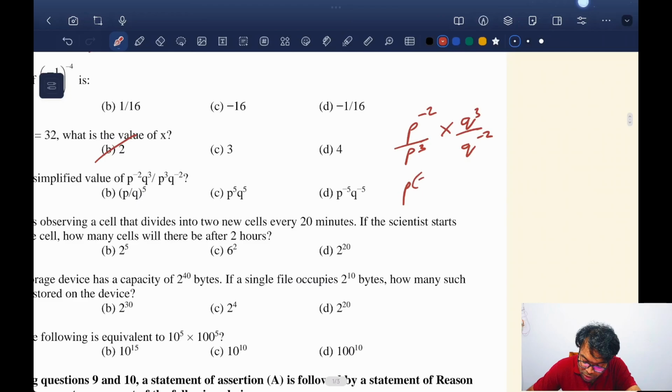p to the power of -2 नीचे होने के कारण -3 हो गया, q to the power 3 minus of -2.